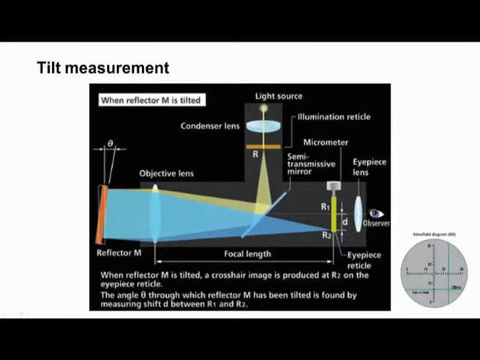If there is a tilt, the light gets reflected and then it will fall at point R2. If there is no tilt, the light will fall on R1. If there is a tilt of theta, then it will fall on the point R2. So, this distance d between R1 and R2 we can measure using the eyepiece.